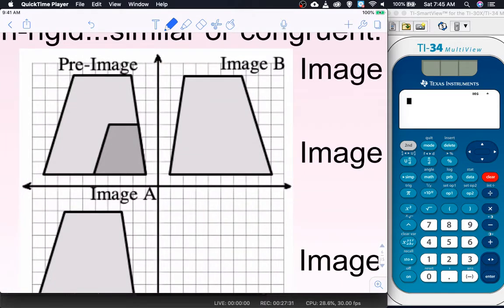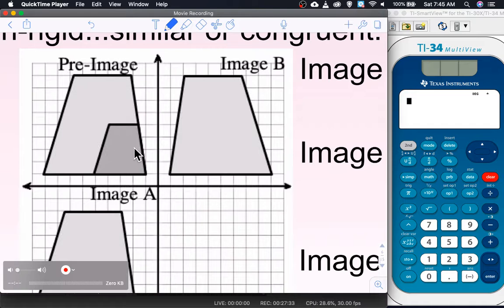So here, my new image, image A, is smaller. How much smaller? It used to be 1, 2, 3, 4, 5, 6, 7, 8 units tall. That's how tall the original guy is. And now he is 1, 2, 3, 4. He's only 4 units tall.